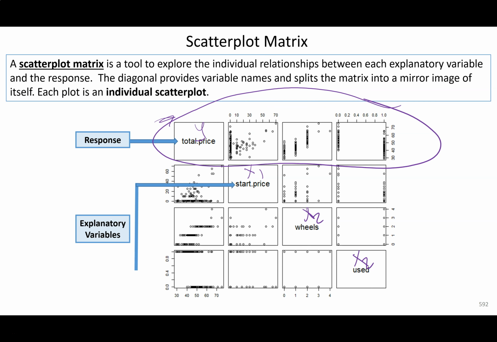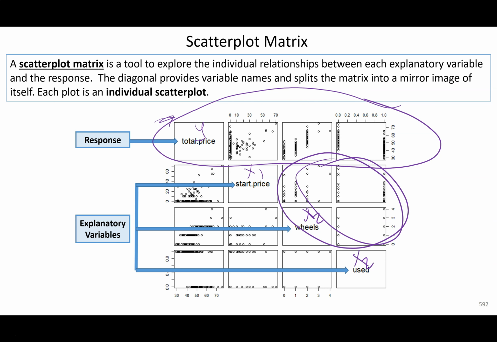Versus the explanatory variables, so we have starting price, we have the number of wheels included in the set, and then whether or not the set was used. So here you don't want to see a big relationship. If you see some big noticeable relationship, that might indicate that the explanatory variables are related to each other. That's a whole other problem beyond the scope of this specific class. Just know that you don't want to see a relationship between the explanatory variables.